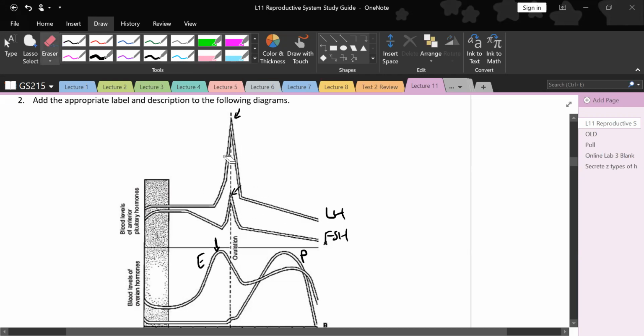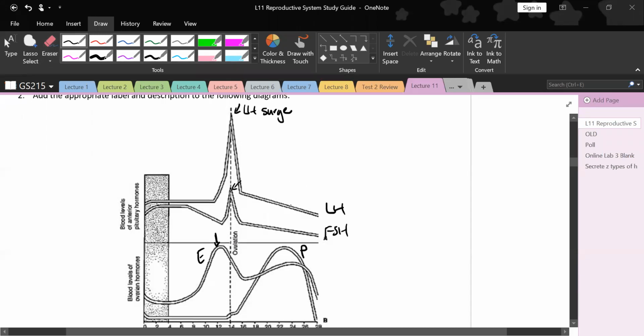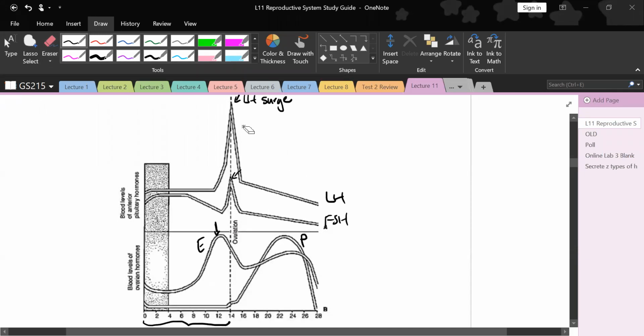This sudden sharp increase is called the LH surge, the hormone that is detected in an ovulation kit. Once the LH surges, the egg will be released into the fallopian tube, and the follicle is no more after that point. That's why you see a drop in estrogen here.